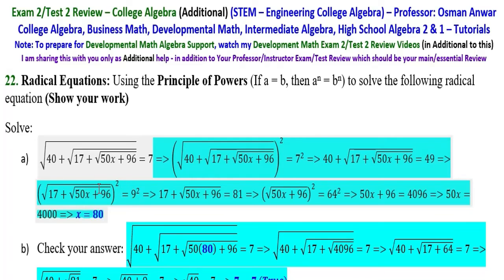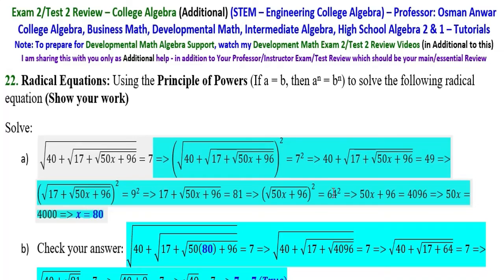So then it is 17 plus square root of 50x plus 96 equals 81. 81 minus 17 is 64. Then this is square root of 50x plus 96, square that and square the 64.